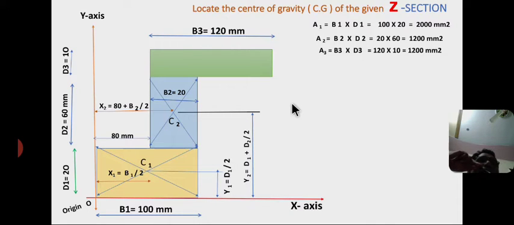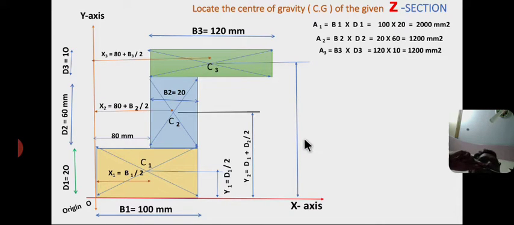Now I am drawing the diagonals for the third rectangle, where C3 is the centroid of the third rectangle at a distance of x3. x3 equal to gap 80 mm plus half of the base, and y3 from the x-axis, y3 equal to the height of the bottom rectangle plus the height of the second rectangle plus half of the third rectangle.